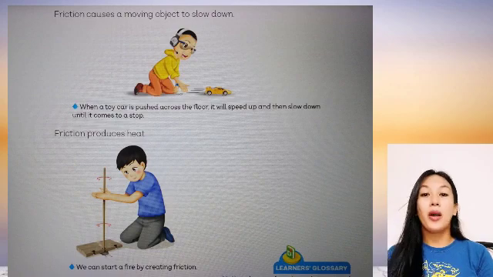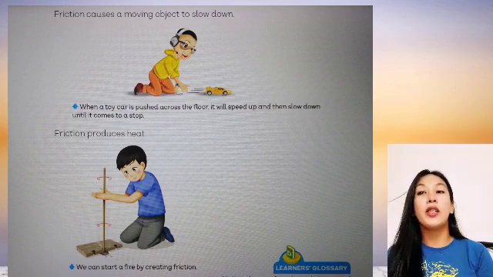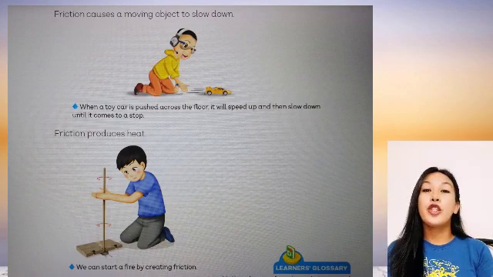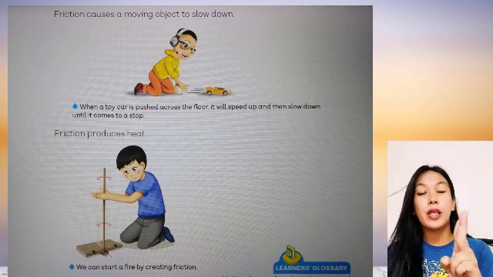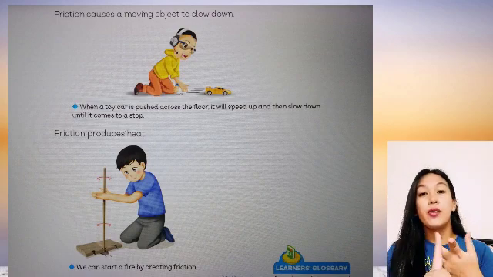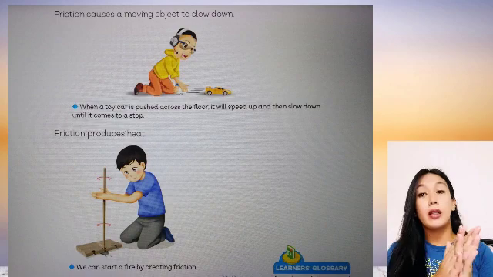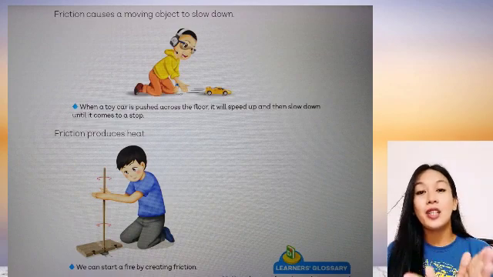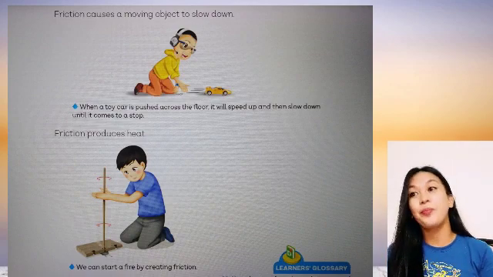It is because of the friction between the wheels of your toy car and the floor. There we have two surfaces, the wheels of your car and the floor. When two surfaces are in contact, it creates friction.